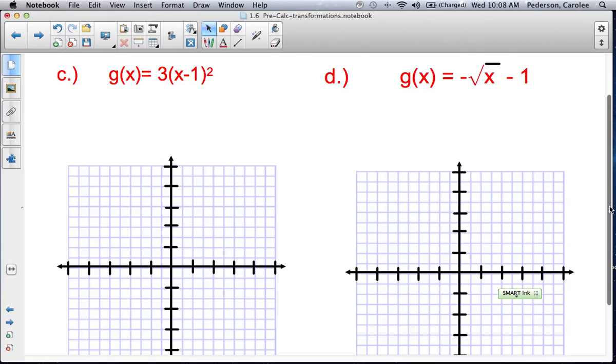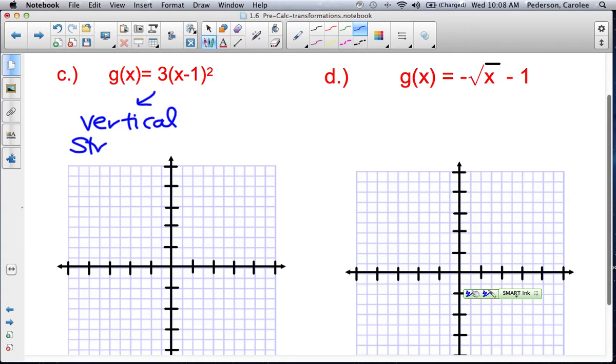You have to move it to the opposite or reciprocate it. Okay, so we won't graph that one. We'll just write it down. Vertical stretch by 3. And then this moves it to the right 1. So it is a little delayed.